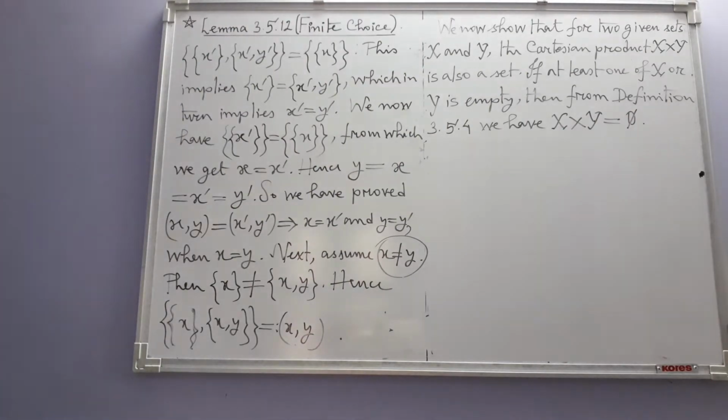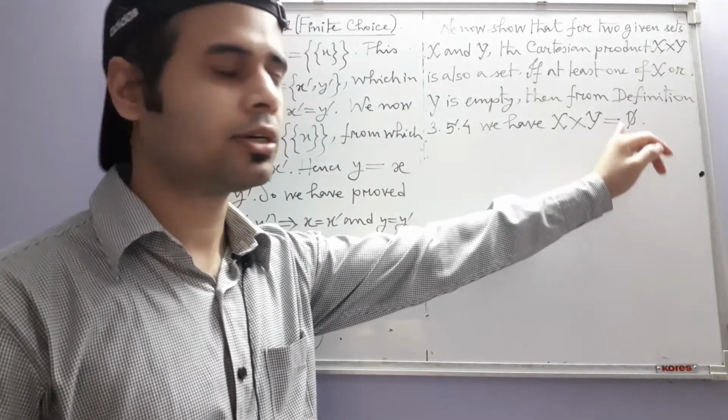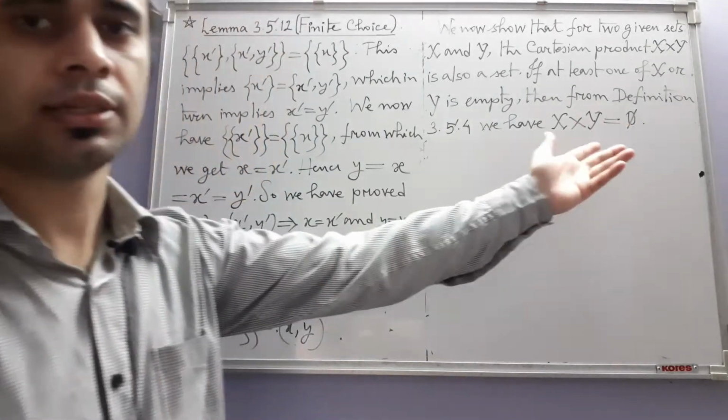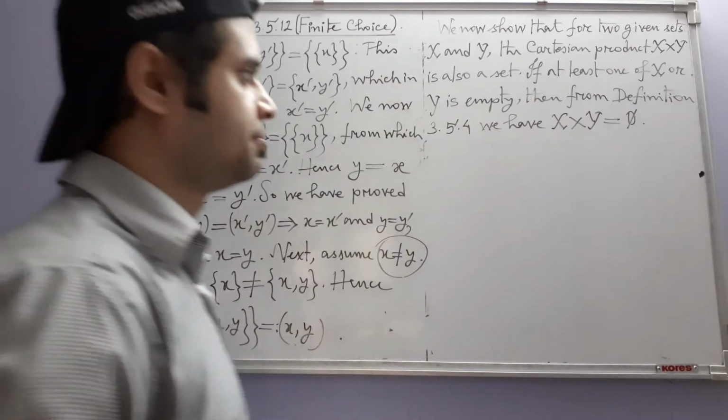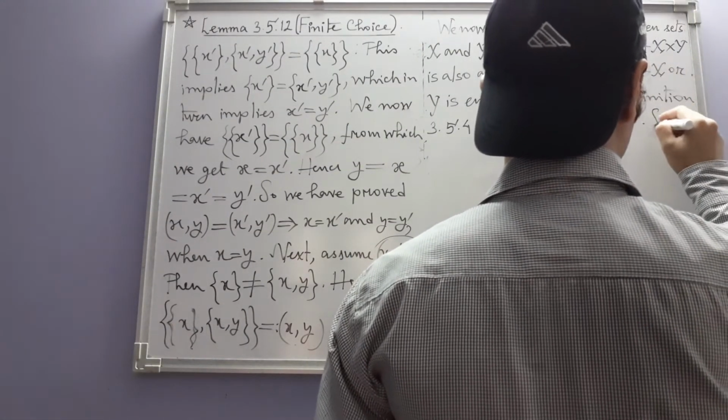So in this case, definitely the Cartesian product is a set, because from our second axiom of set theory we know that there is a set known as the empty set, which has no element at all.